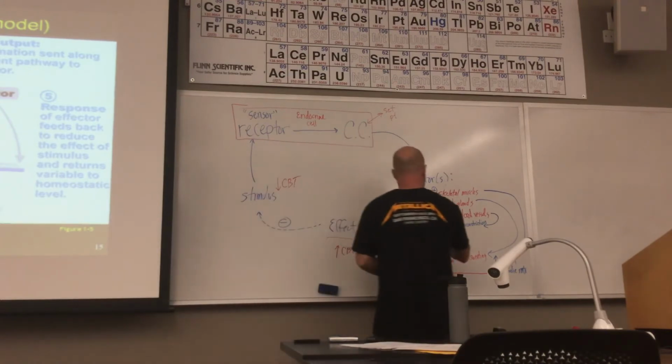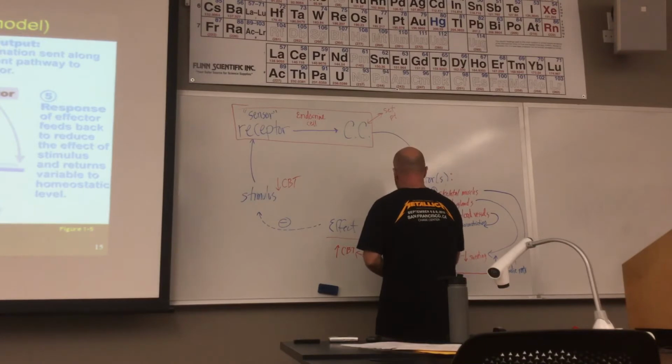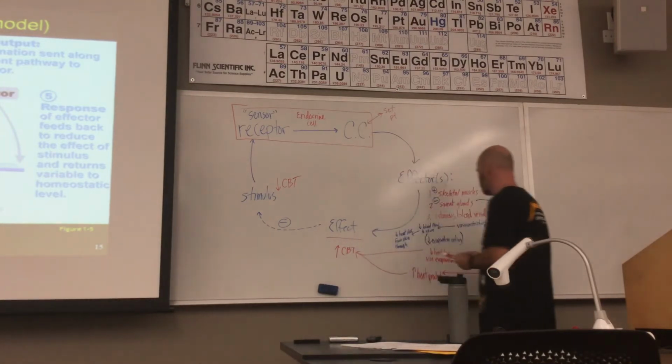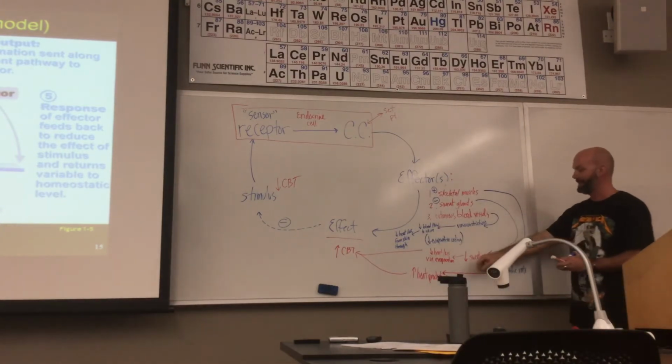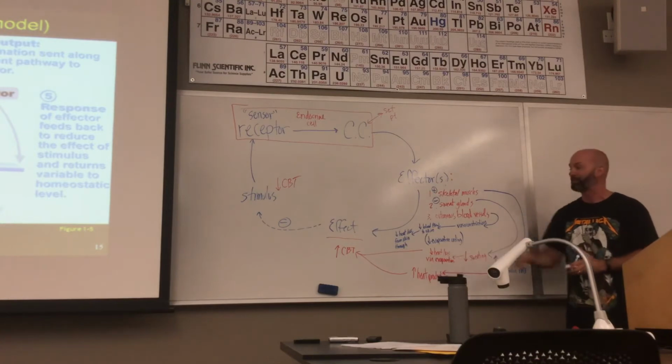So decrease blood flow to skin, decreasing heat loss from skin. Through what mechanism? With the inhibition of sweating, we are reducing heat loss through evaporation.